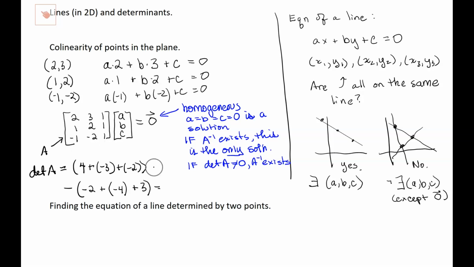And adding this all up, we get 2. So since 2 is not equal to 0, these points are not collinear.